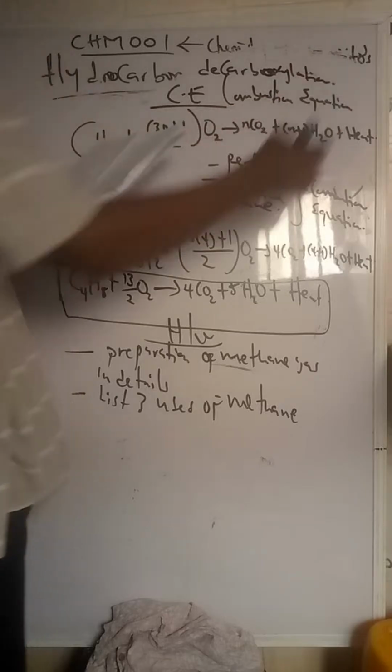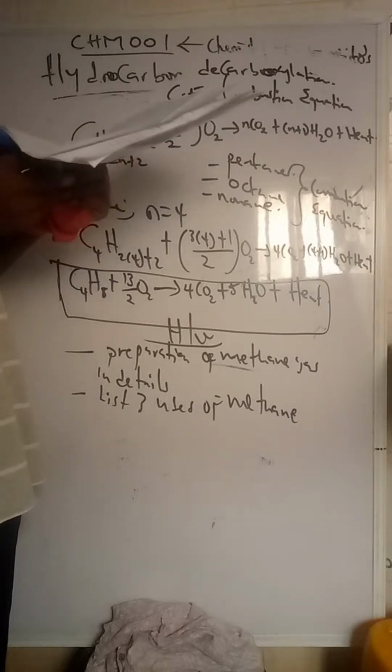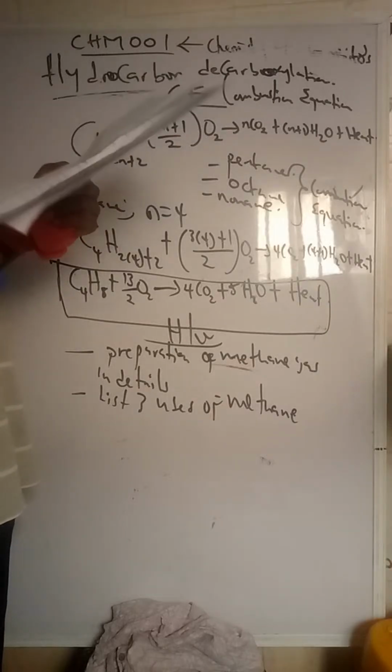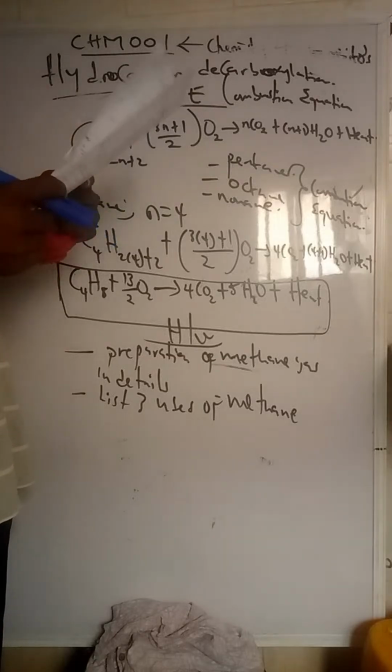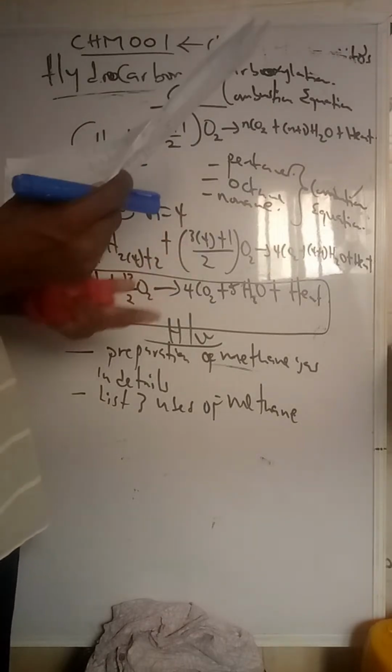This is the spelling. Soda lime is a mixture of solid sodium hydroxide and calcium oxide. Sodium hydroxide is a deliquescent solid, while calcium oxide is hygroscopic. So calcium oxide is therefore mixed with sodium hydroxide to keep it dry.